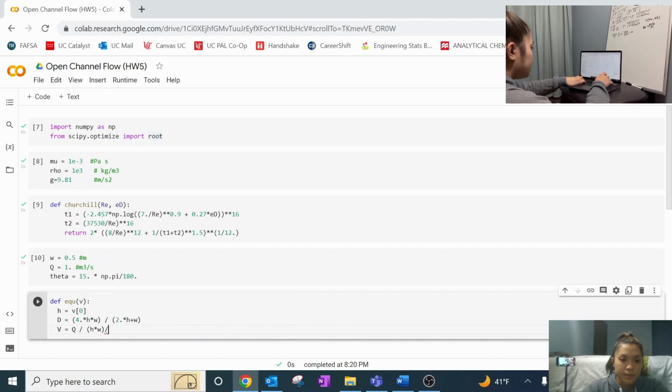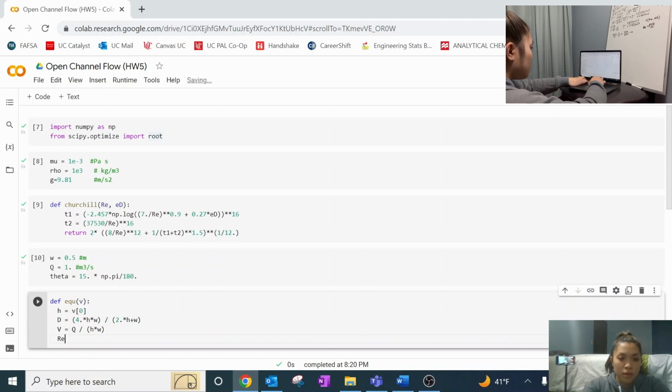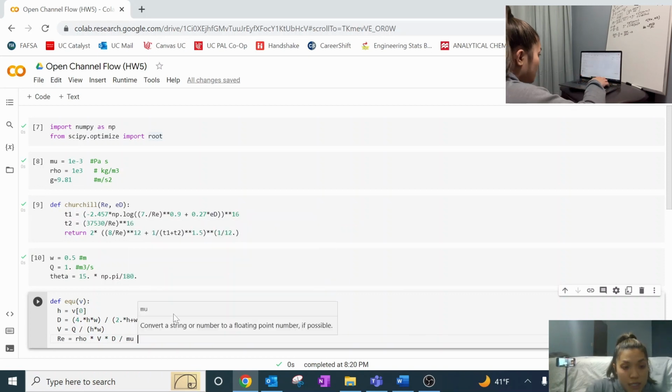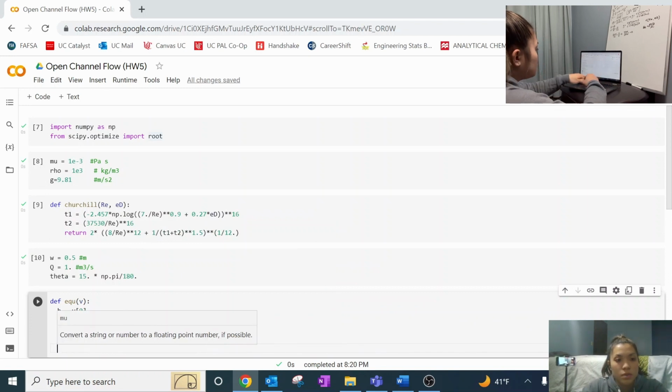And then we have the Reynolds number, which is the density times the velocity times the diameter divided by the viscosity, which is mu.